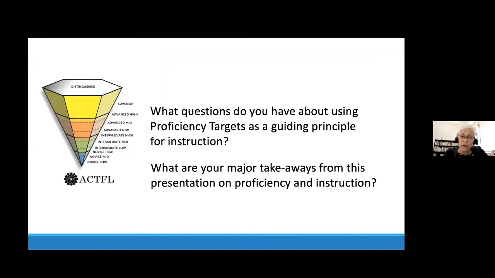So at this point, what questions do you have about using proficiency targets as a guiding principle for instruction? What are your major takeaways from this presentation on proficiency and instruction? And feel free to enter these in the chat. And our colleague, Lori Langer de Ramirez, is monitoring the chat. And Lori, you can present the questions to us, and Bill and I will be happy to answer them.